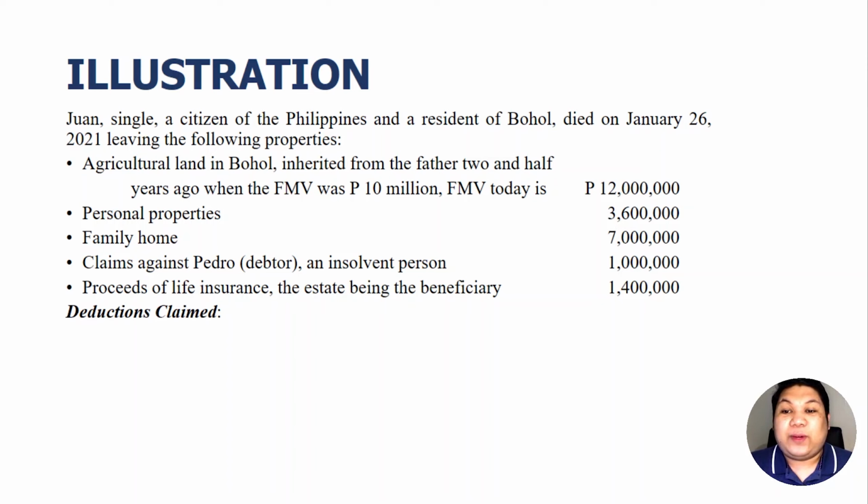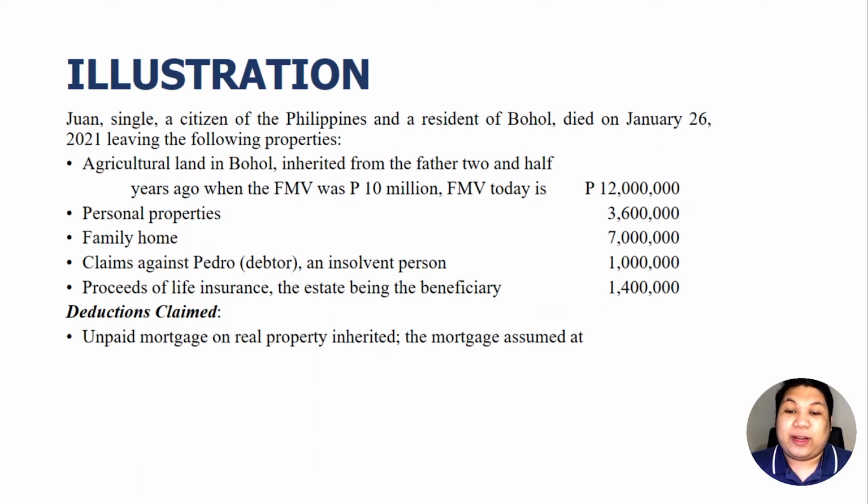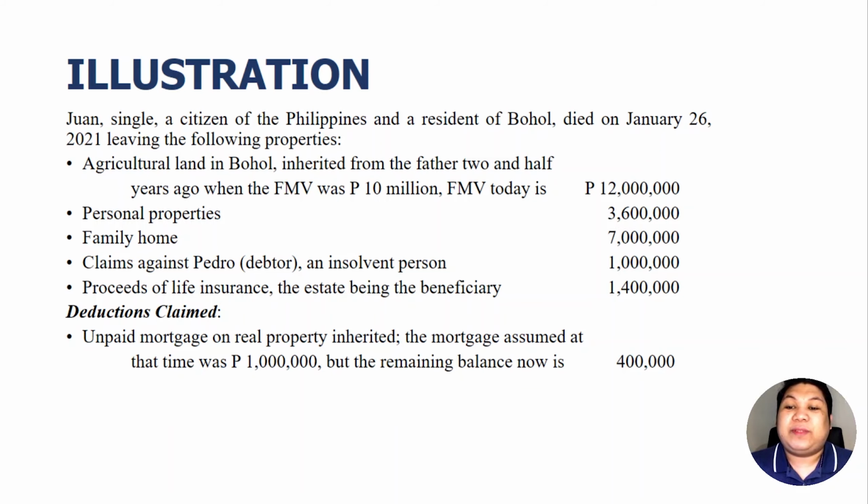Okay, so we also have here deductions claimed by Juan: unpaid mortgage on real property inherited. Remember the agricultural land inherited from the father of Juan 2.5 years ago, there was actually a mortgage assumed, which was 1 million at that time.